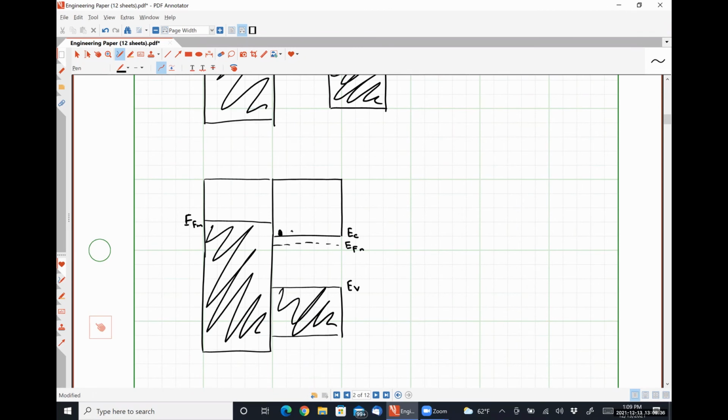And here are all my free electrons for conduction in the conduction band of the semiconductor material.